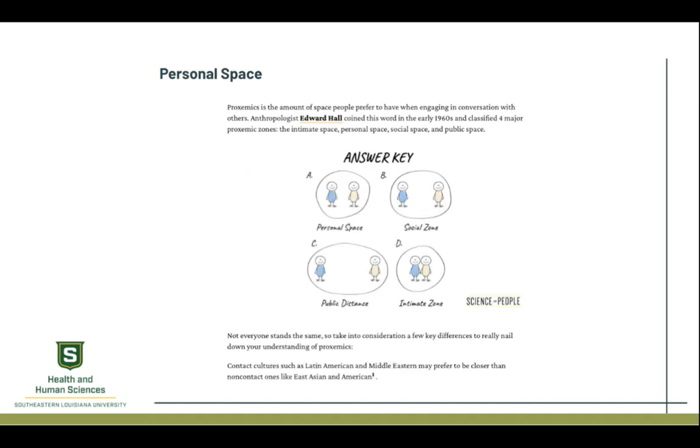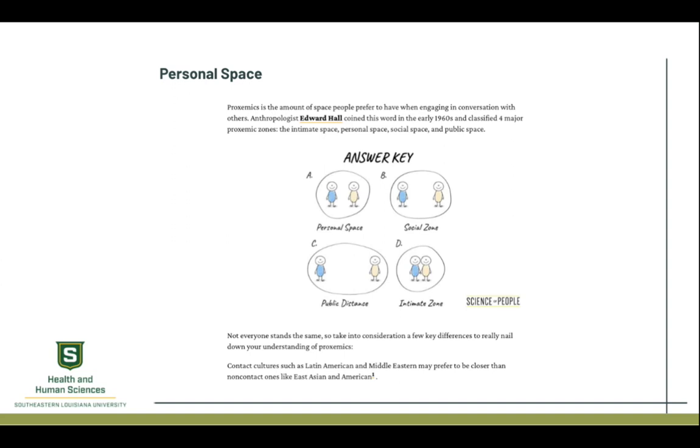So personal space. The idea of personal space came from the anthropologist Edward Hall. He had this idea of what personal space is. You had the personal space in A, and then social zone in B, public distance in C, intimate zone in D. The thing is, this is not how it is in every culture.